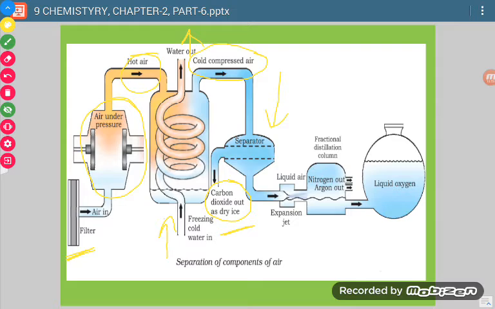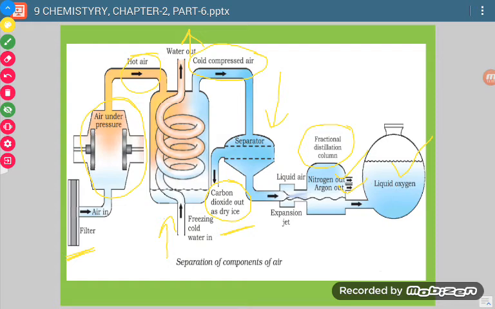It is called ice because it looks like ice, and it does not wet the surface, so it is called dry ice. So in the separator, carbon dioxide will separate, then other components will be left out. Those components will undergo fractional distillation, and then we will get different components like liquid oxygen, nitrogen and argon.